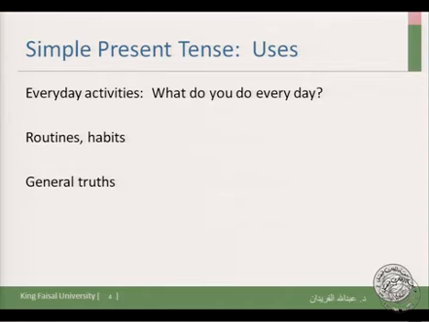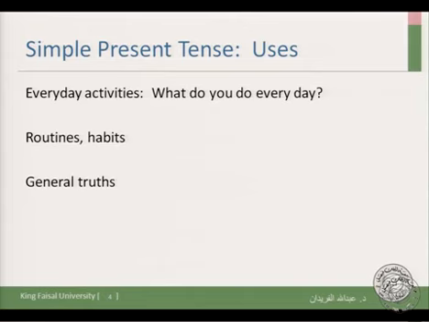The simple present is very, very easy. We use, for example, I, we, they, and you, and then we put a verb and the rest of the sentence. Like, I pray in the mosque, they pray in the mosque, we pray in the mosque, you pray in the mosque. But I don't want to say complicated or difficult.